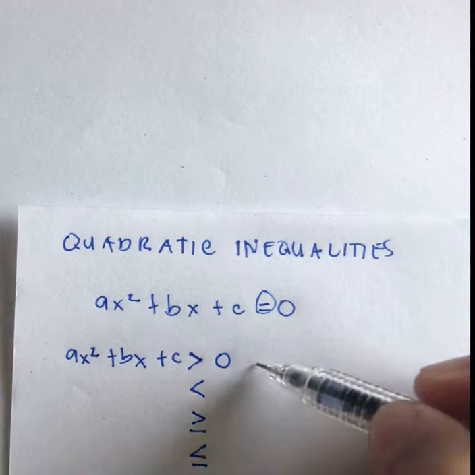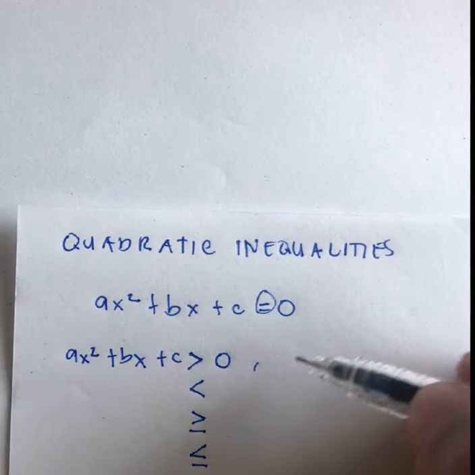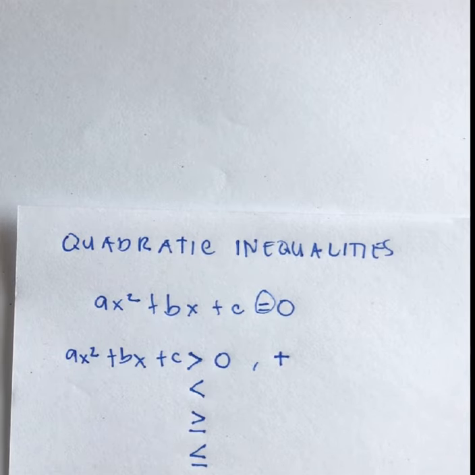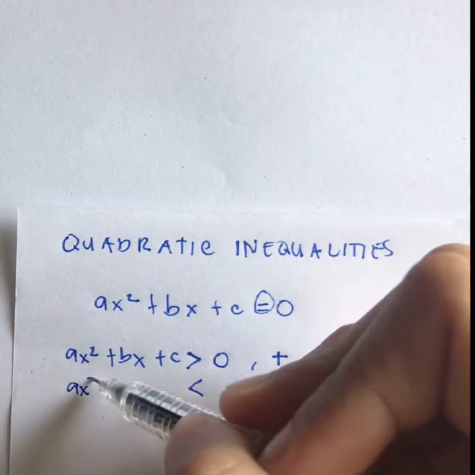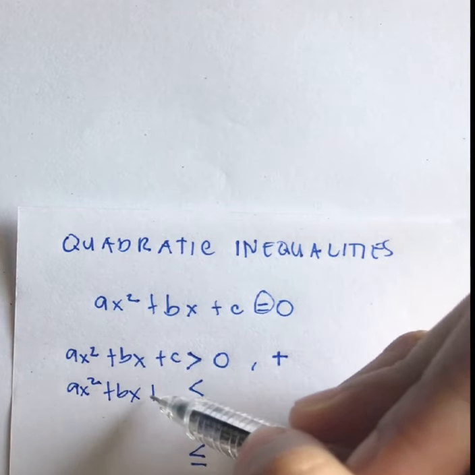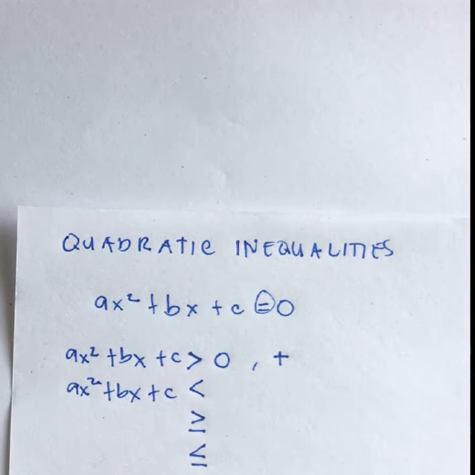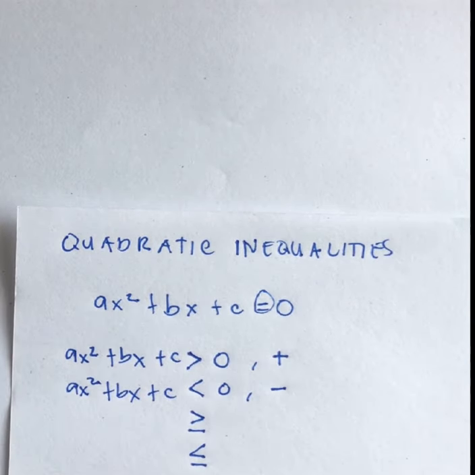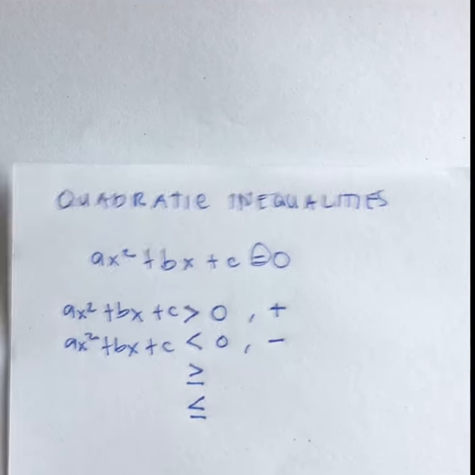That means it has a positive sign, or the numbers are positive integers. Now, if we have ax squared plus bx plus c is less than 0, then we have a negative sign or negative integers.